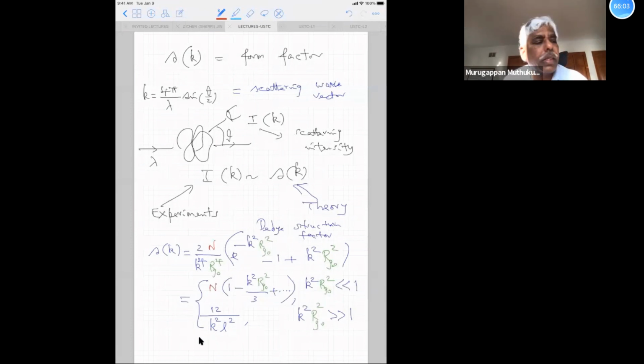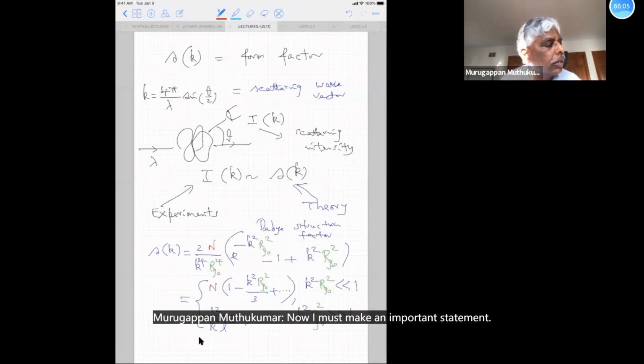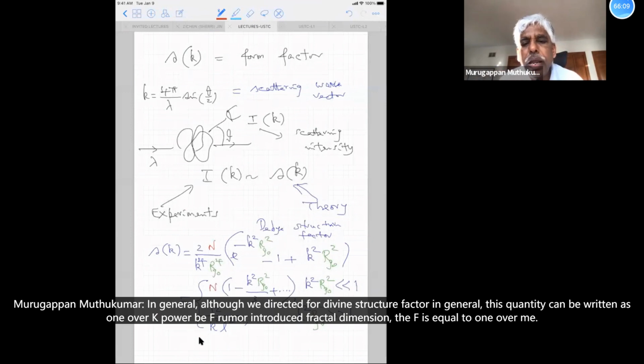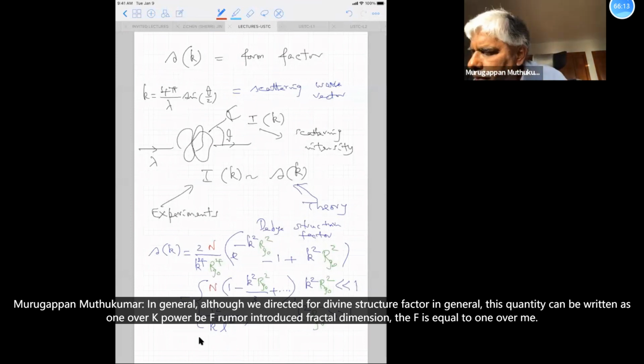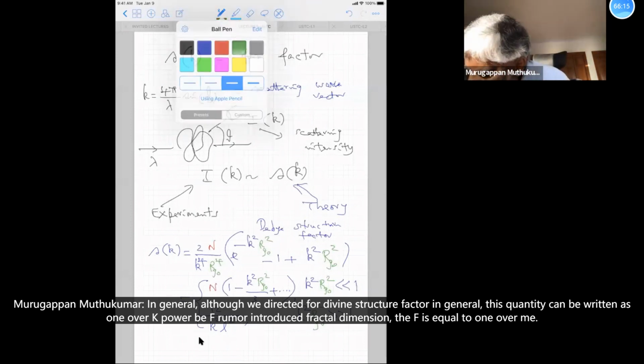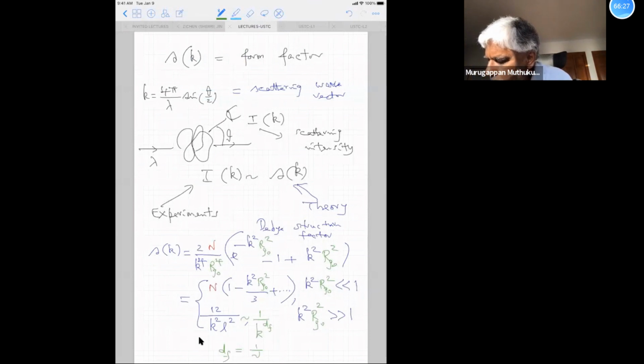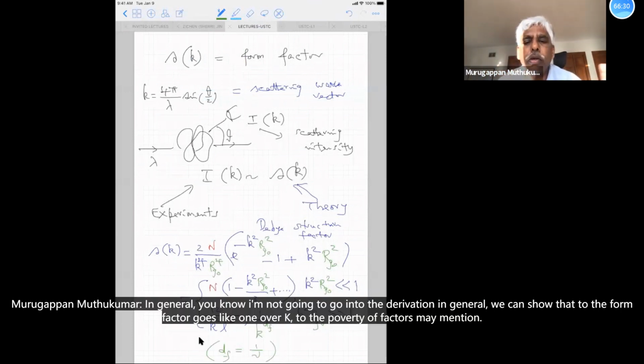Now I must make an important statement. Although we derived it for the Debye structure factor, in general this quantity can be written as 1 over K to the power df. Remember, I introduced the fractal dimension, df equal to 1 over mu. I'm not going to go into the derivation.